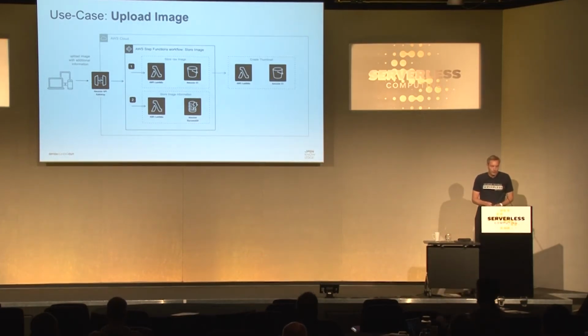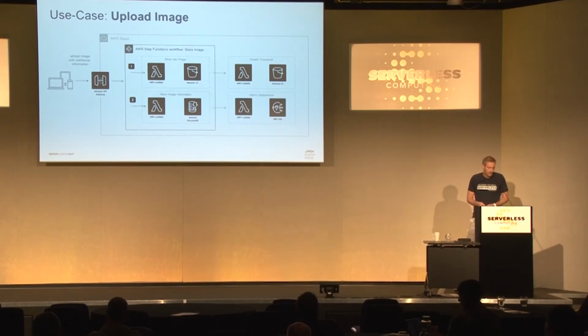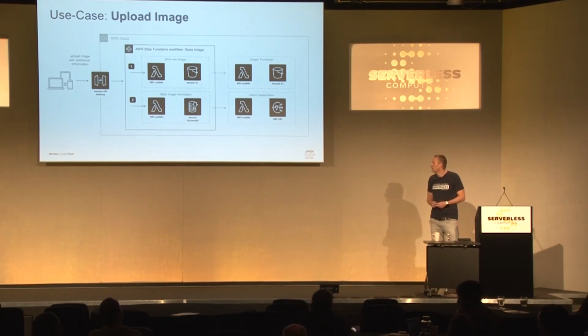Also, what we want to do is to generate a thumbnail of our image asynchronously in the background. That's the third Lambda function, generating a thumbnail and putting the thumbnail in a special place, a thumbnail bucket. And we also want to inform subscribers of our image gallery that a new image is available, for example, for a special location like London.